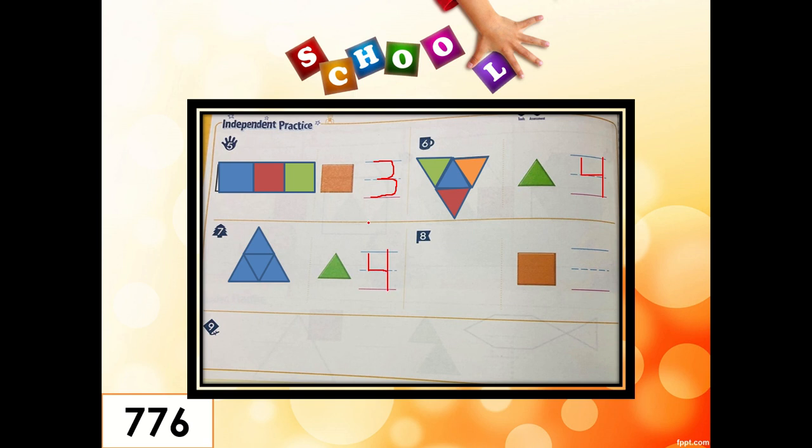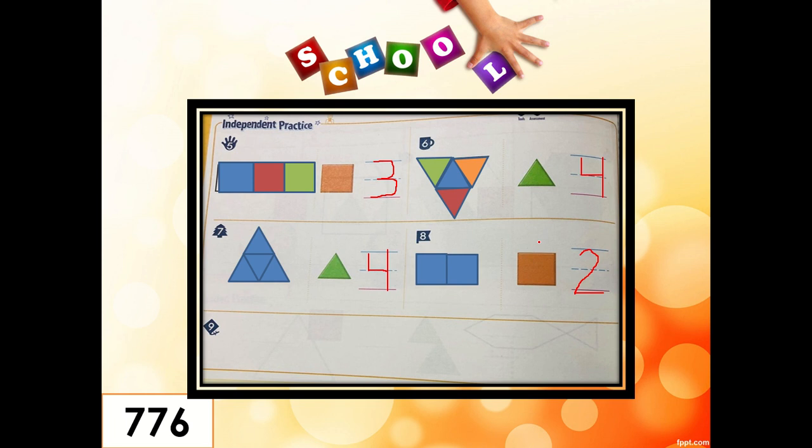Yes. How about number 8? We can make a rectangle out of this square. How many squares did you use? 2. KG, for number 7 and 8, you can do anything that you want, any 2D shape out of this pattern block. You can create your own.